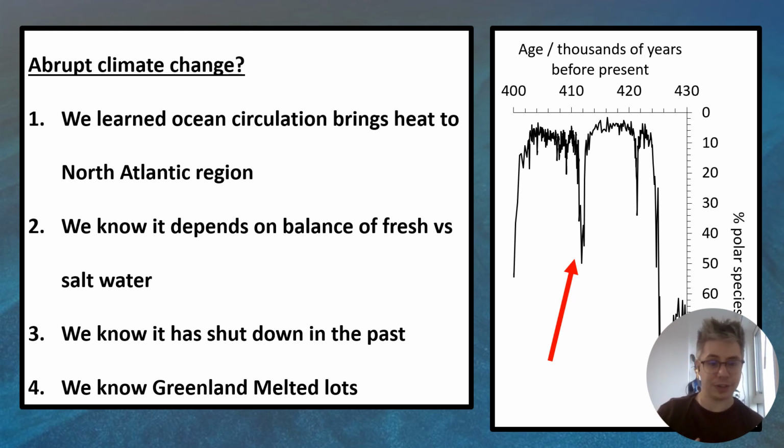So taking that all together, we know that the increase of freshwater from melting ice sheets has the ability to affect the global ocean conveyor belts in a way that may cause cooling in the northern hemisphere. And this is just an example on the right of a polar species increasing substantially during a warm period, during a time we know there was melting of the Greenland ice sheets. And the wonder at the moment is whether or not these are related, and that's what I look into.